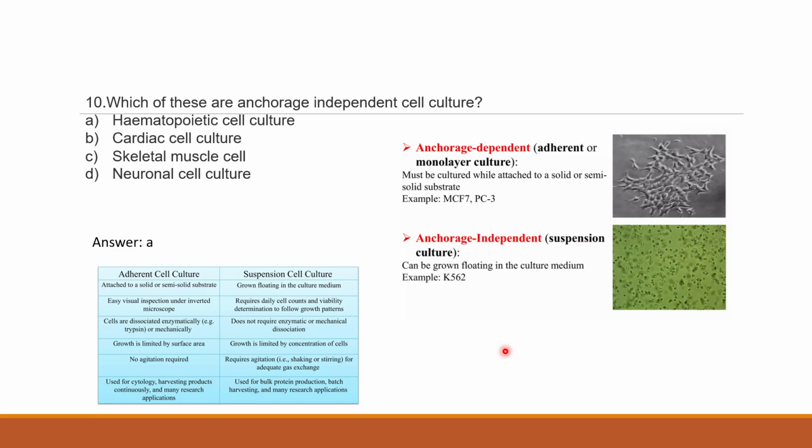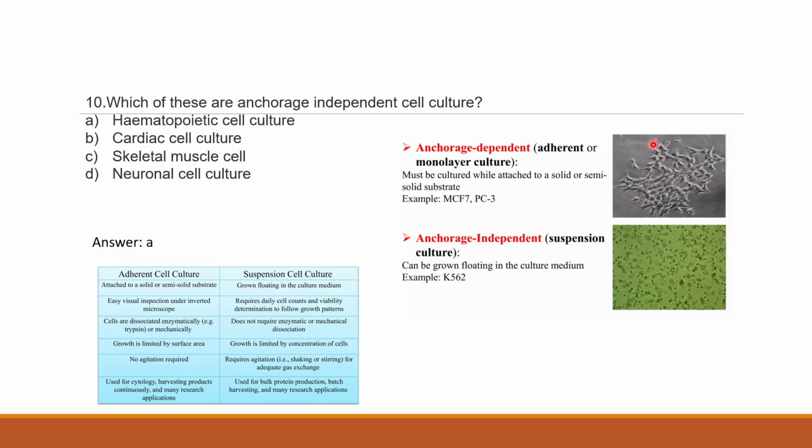Then anchorage independent cells, like I spoke about just now with the suspension cells, can grow floating in the media, like your HEK and your K562. K562 are lymphocytes, and HEK are embryonic kidney cells. So you can see here how they look.